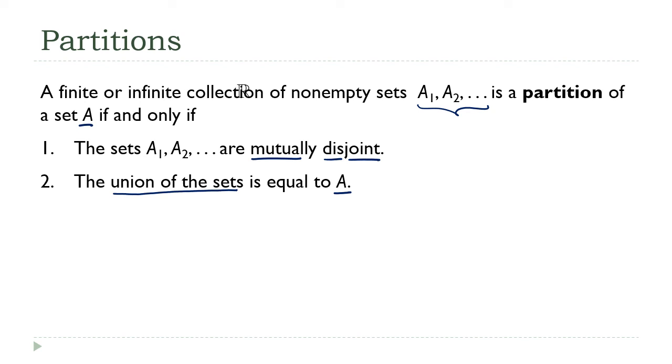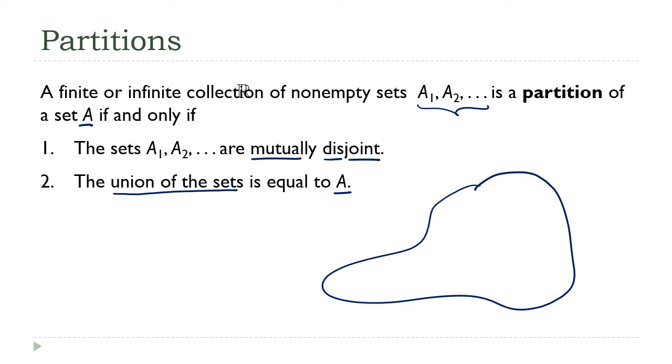If I wanted to illustrate this visually, let's say I have this set here, and this is the set A, and my A sub i, there's A sub 1, A sub 2, A sub 3, A sub 4, and A sub 5.